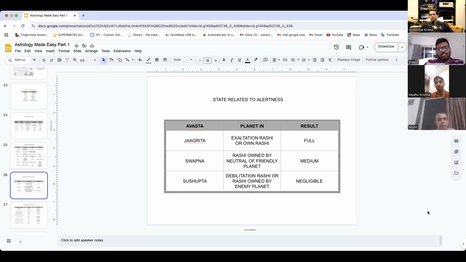Yes. For Swapna, you said that it can go to any other dimension also, right? Yeah, quite possible. But it will not translate those into action, into real life. That's why it is given half result. It may not give great results.